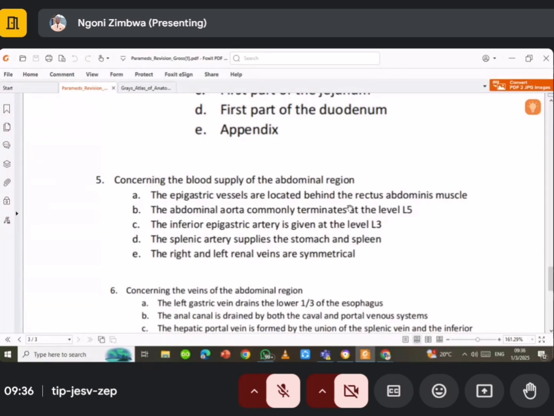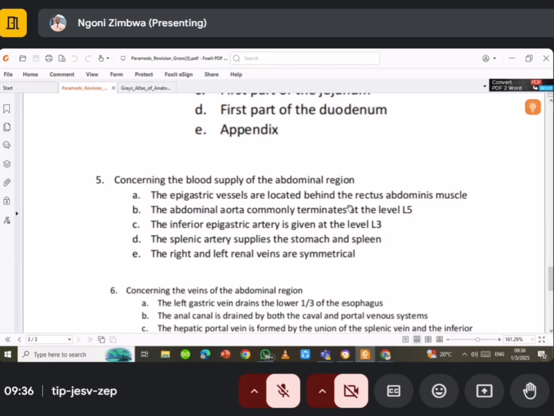C, the inferior epigastric artery is given at the level of L3. That is false. That's the inferior mesenteric artery, not the epigastric artery. So you just have to take note of this. At the level of T12, you have the celiac trunk.